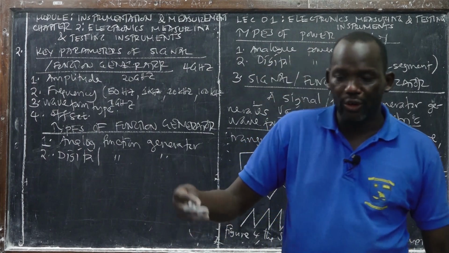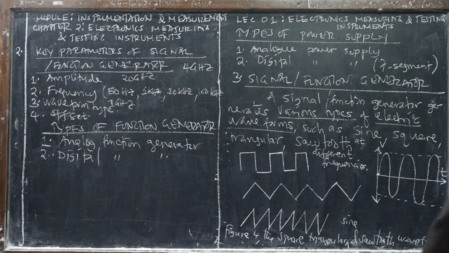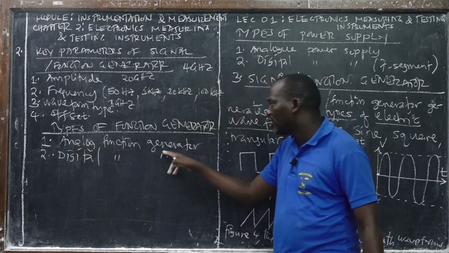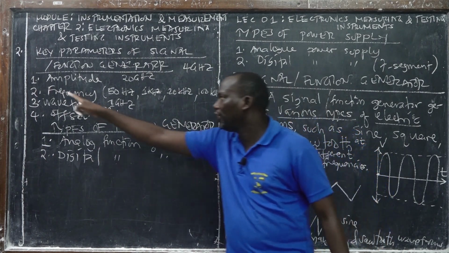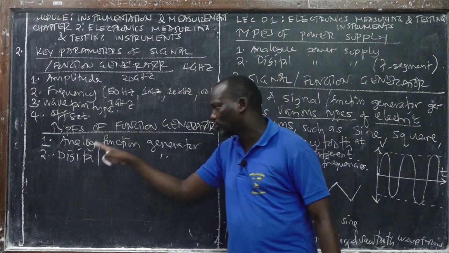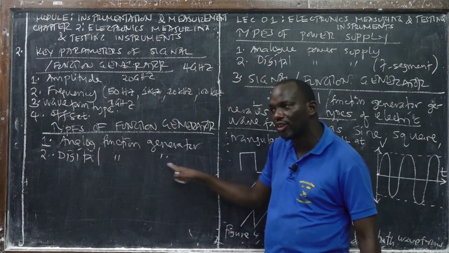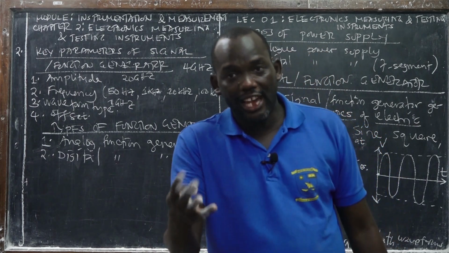So you use it effectively by connecting the analog function generator with an oscilloscope to see the amplitude, the frequency, and the waveform from the analog function generator. Class, are we together?